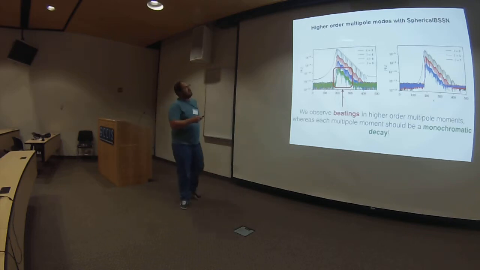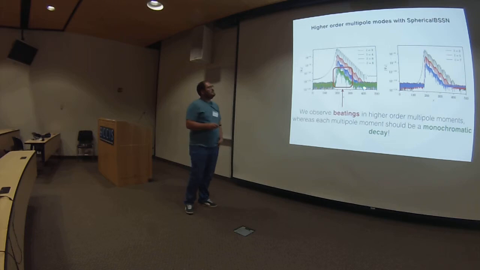And here I'm plotting the higher order multipole components with SphericalBSSN. So that's the absolute value of the waveform psi4, which at infinity is the outgoing part of the gravitational radiation. And on the left side are the even modes for m equals 0, so different L and m equals 0 modes. And on the right are the odd modes, in order to make the figures less crowded.